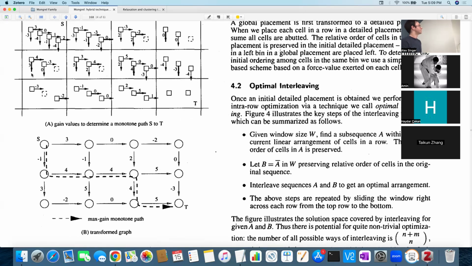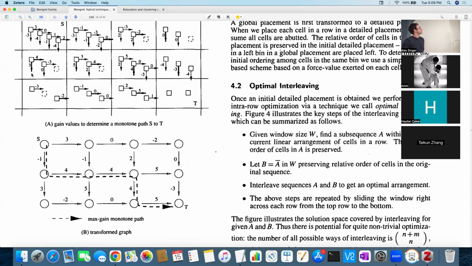Okay, well, let's consider. I'm trying to figure out, I don't see the case in which these gains are out of sync. So maybe you tell me. The reason I think they're in sync is because this is all wire length. So this guy is connected to a bunch of other things, and that's what makes the gain for him in various directions.